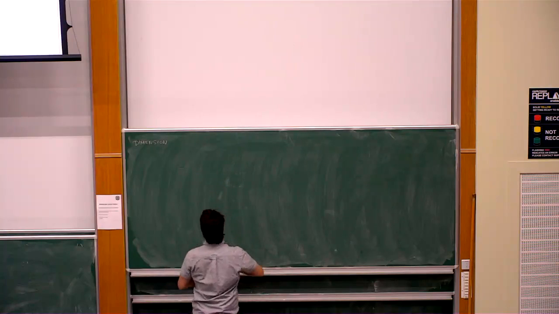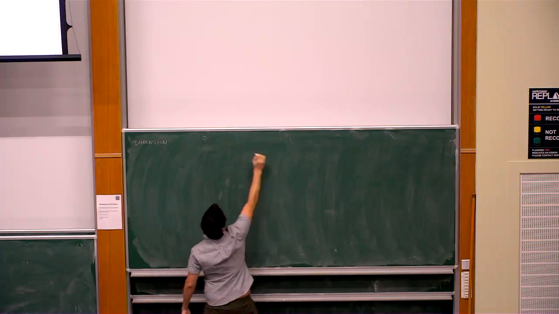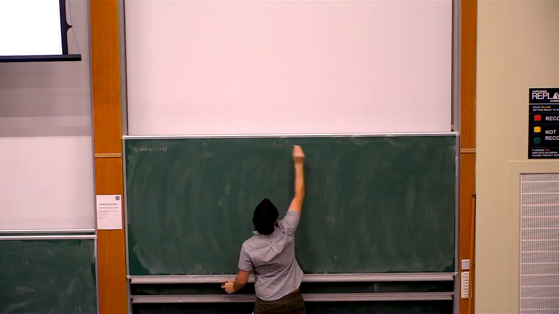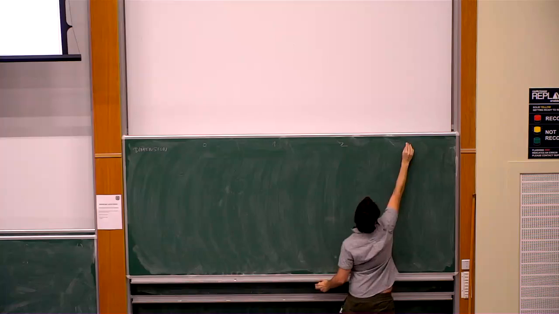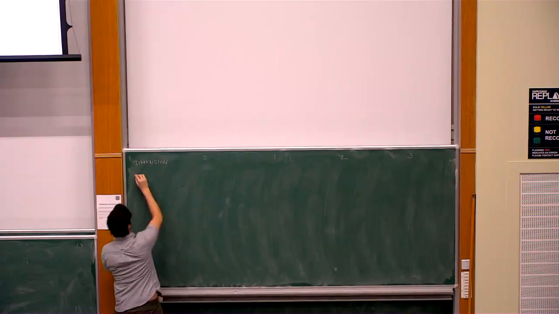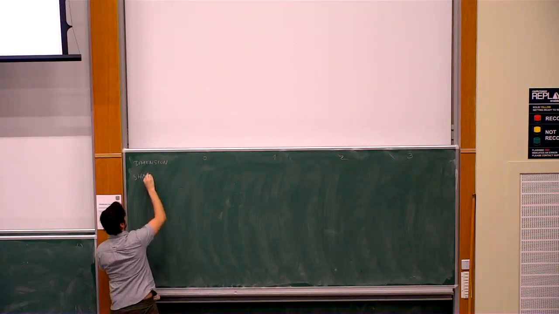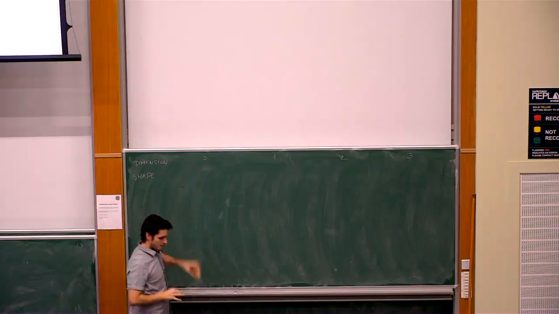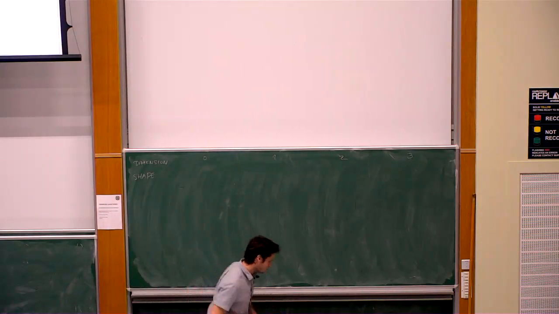Let me space them properly. Dimension 0 here, dimension 1 here, and then maybe a row for shape. I hope this diagram will start to make sense as I draw it, don't worry.